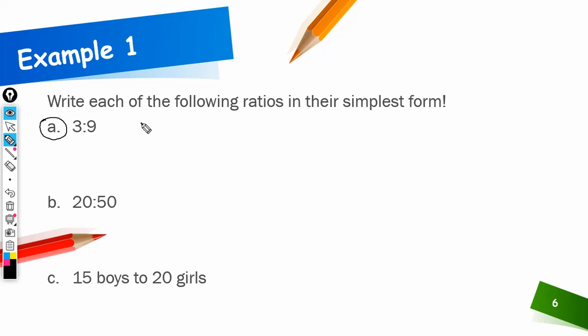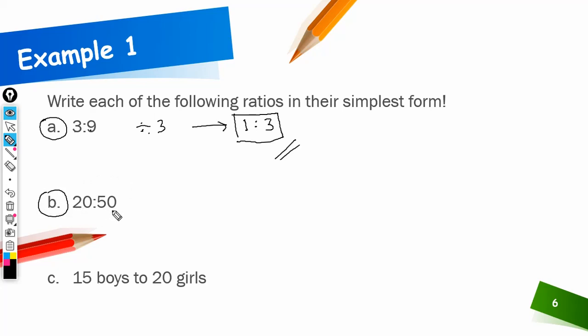You divide them both by 3, so 3 divided by 3 is 1, and 9 divided by 3 is 3. Can you divide this any further? No. So this is the simplest form. Now let's have a look at the next question.